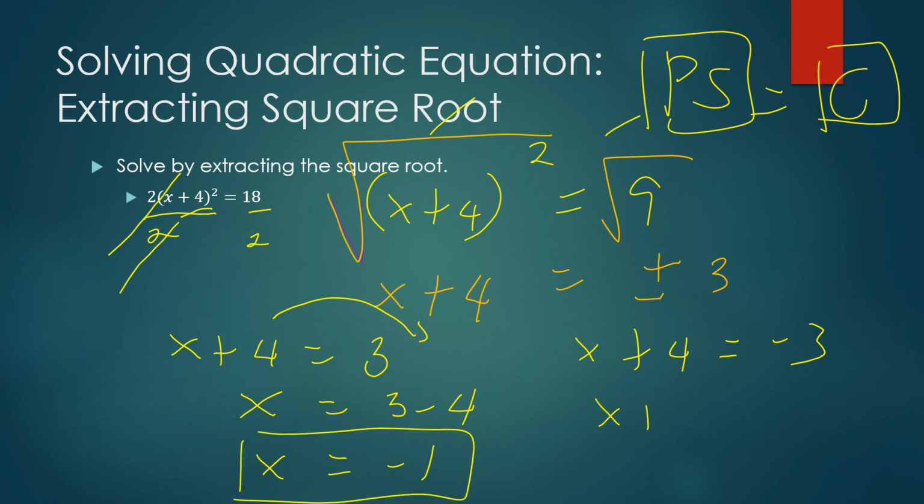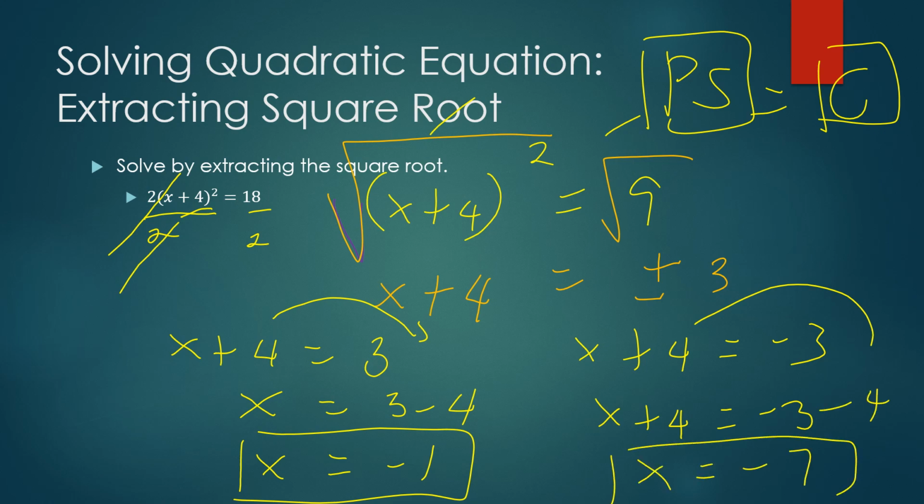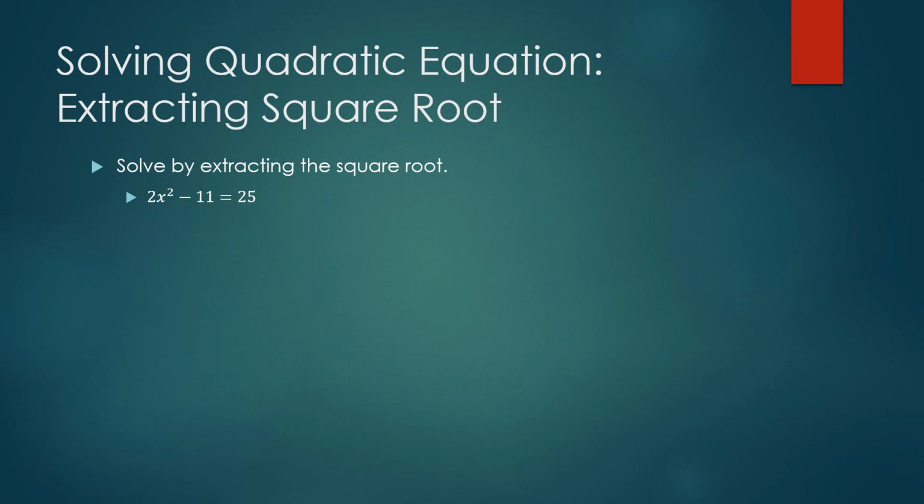Here we have x plus 4 equals negative 3. This becomes negative on that side. So x equals negative 7. These are the two answers. You can substitute negative 1 to the original equation, also negative 7. The left hand side and the right hand side must be equal.